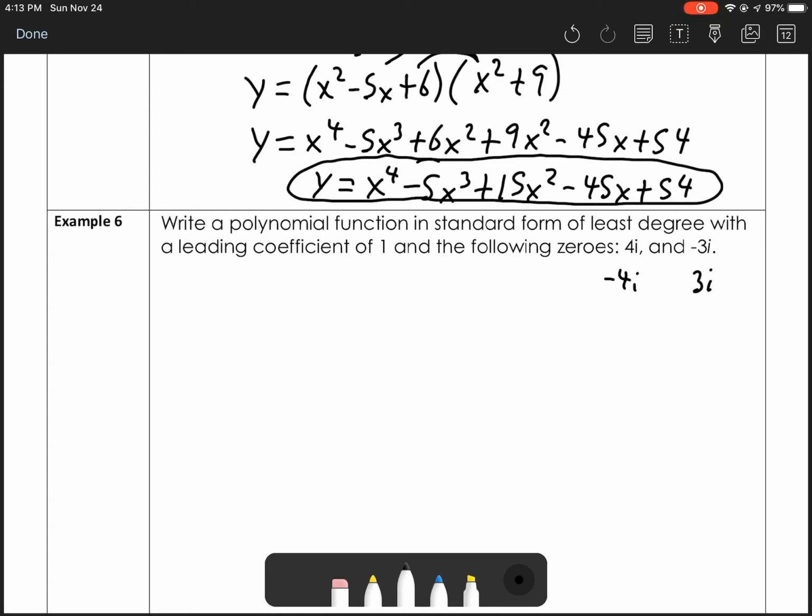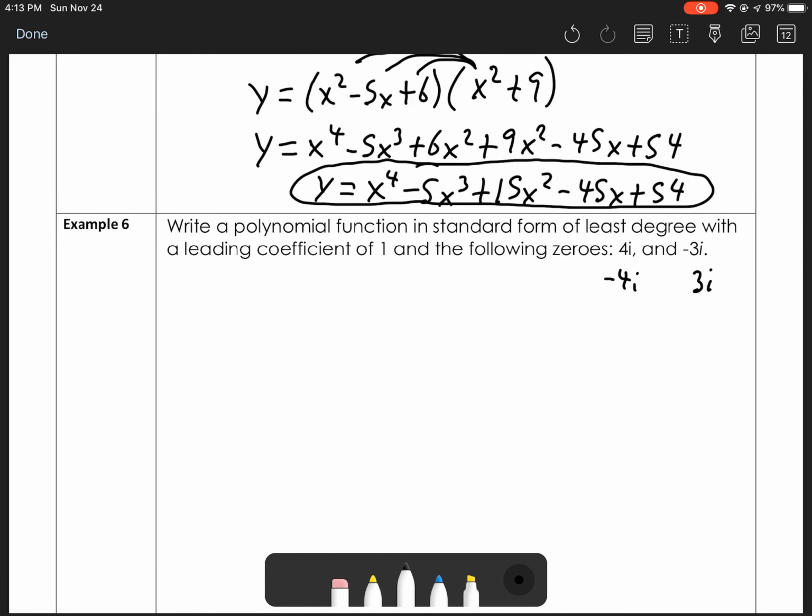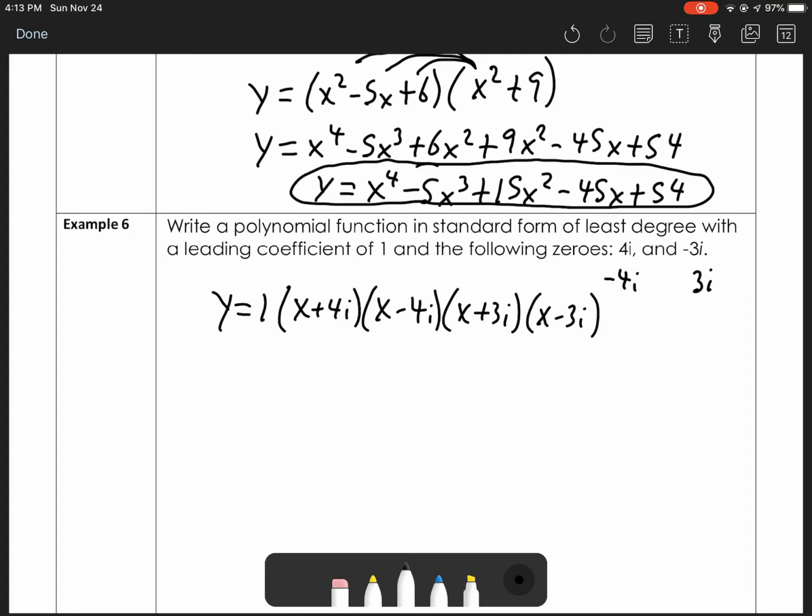Now we're going to have y, or f of x. Our leading coefficient is 1, so it's x plus 4i, x minus 4i, x plus 3i, and x minus 3i.